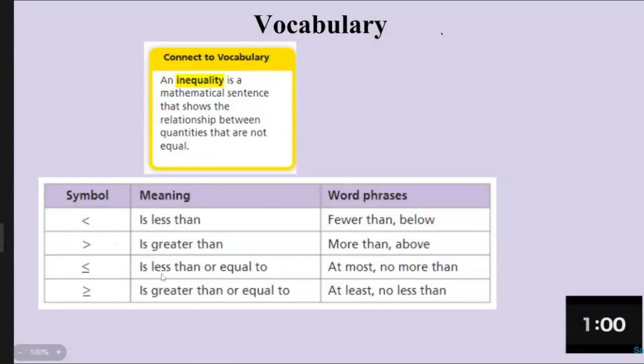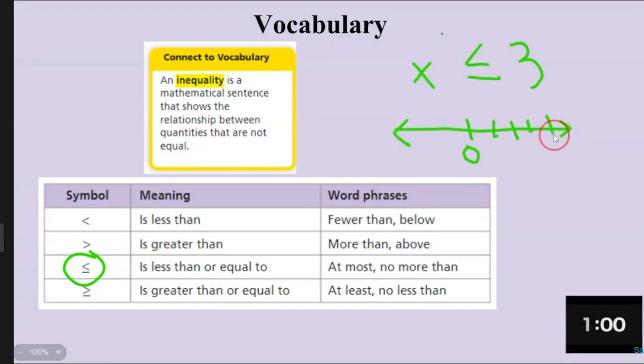Then we have is less than or equal to. This means that a quantity could be less than or equal to. So if we have something like x is less than or equal to 3, and we were to put it on a number line, here we have 3.